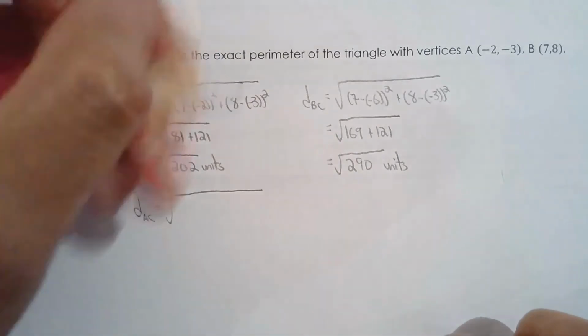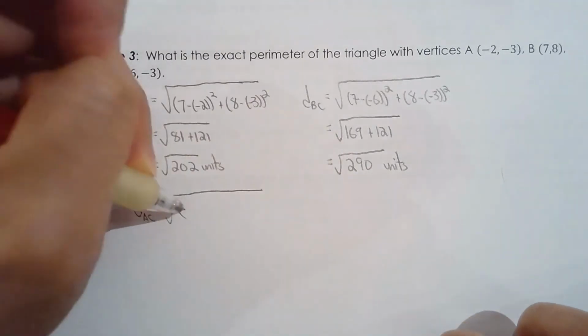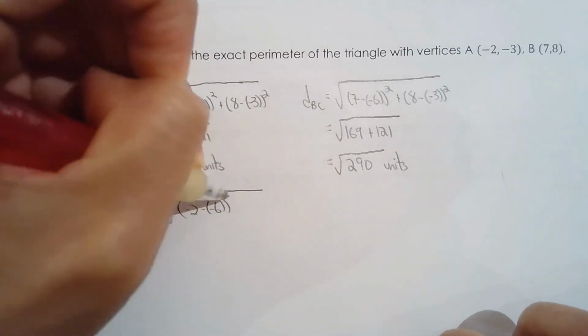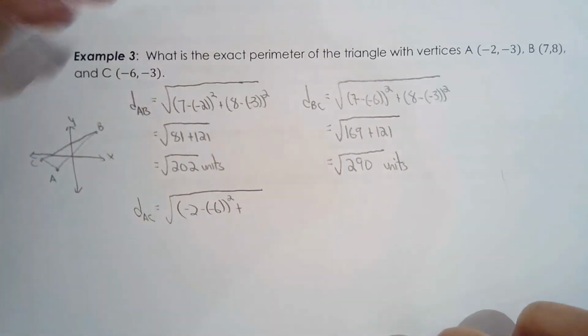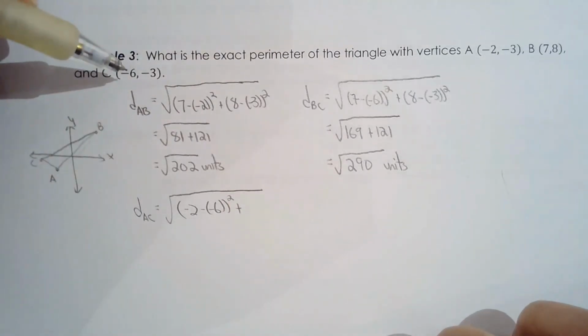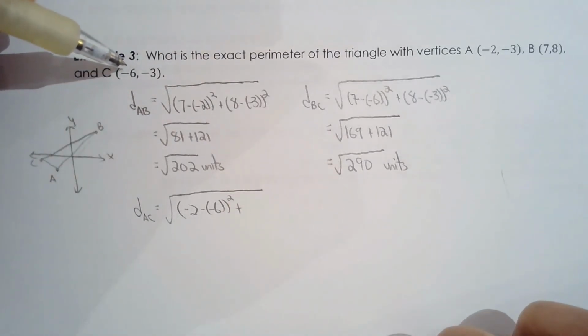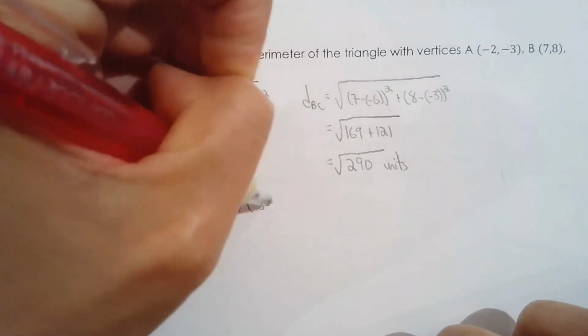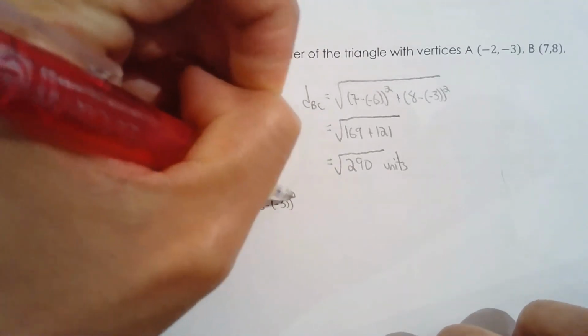AC here. Let's see. -2 minus -6. So this is going to be our run squared. So that gives me one of the legs squared. Now the other one, -2 minus -6. So this is going to be -3. This could be 0. Beautiful.